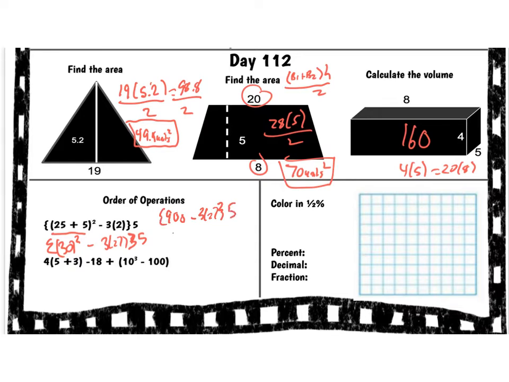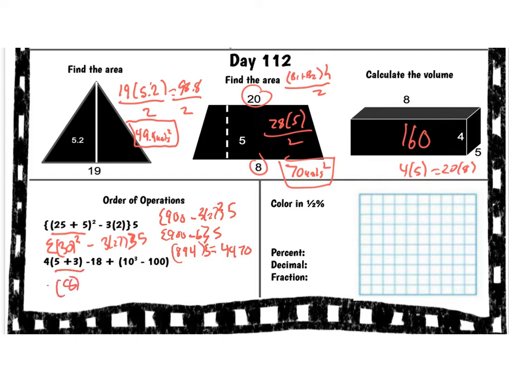So 3 times 2 is 6, so 900 minus 6 times 5. 894 times 5. And you get 4,470.